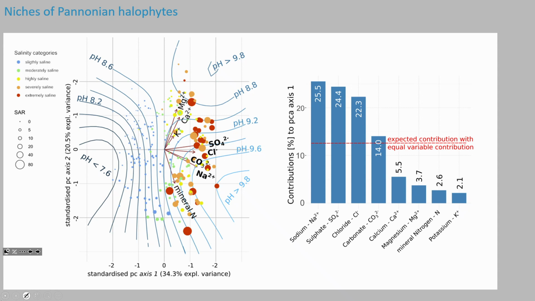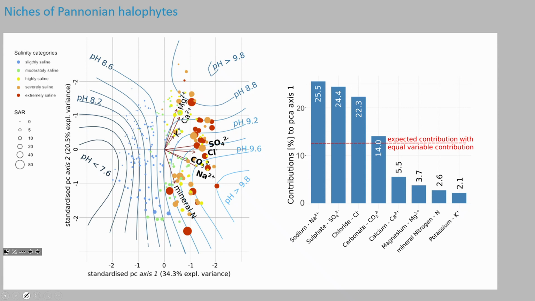And this is one of the first results. This is a PCA we calculated. And I told you before, in every PCA, DCA graph, we always see salinity on the first axis. But we didn't include it directly here because it was highly correlated to some of the ions, so we plotted it just post hoc on the graph.